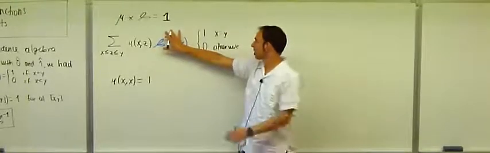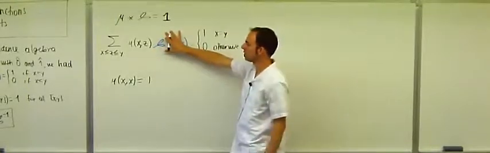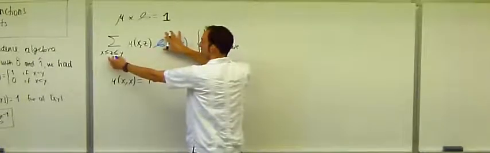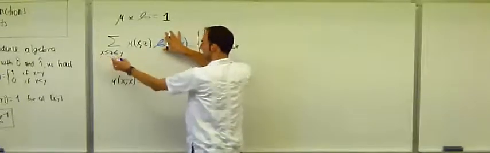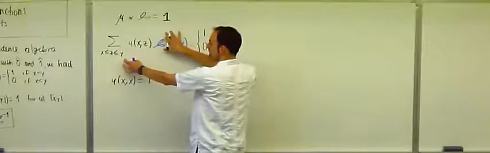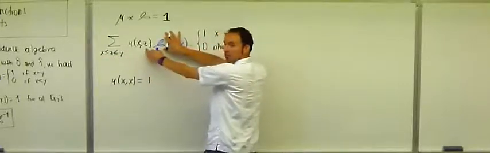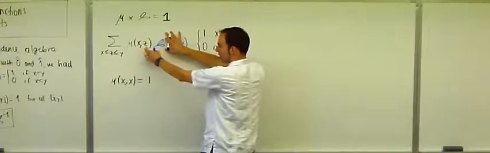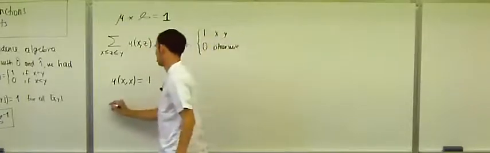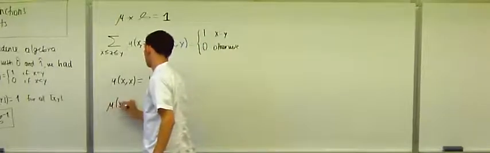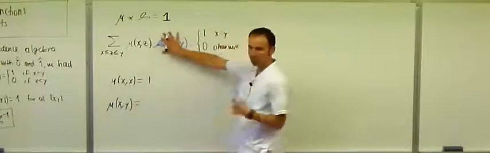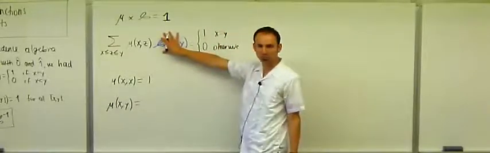Now what if x is not equal to y? Then you're summing over all the different z's between x and y. And in particular, one of the summands is z equals y. And so this is one of the summands, and that summand has to be the negative of the other ones so that everything adds up to 0.